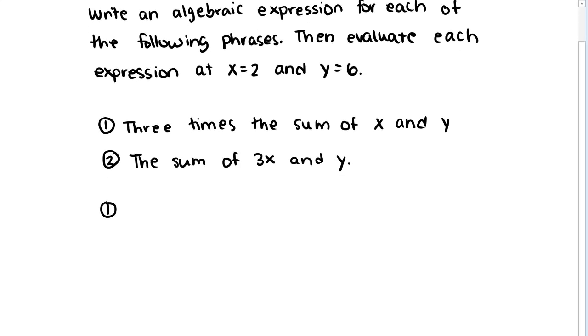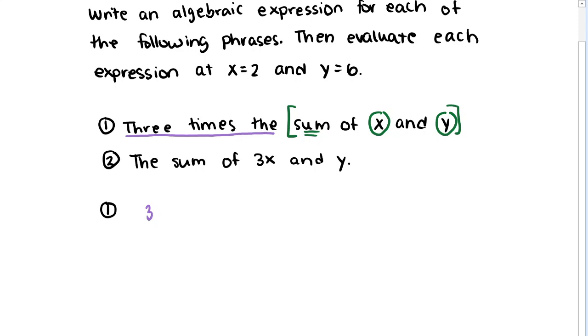We're taking 3 times the sum of x and y, and we want to write this as an algebraic expression. The first part of the statement says 3 times the sum. So 3 times something, right? We're multiplying 3 with something. And what are we multiplying 3 with? We're multiplying 3 with the sum of x and y. The sum is referring to addition, right? We're going to add some quantities together. But what two quantities? Well, it's saying the sum of x and y.